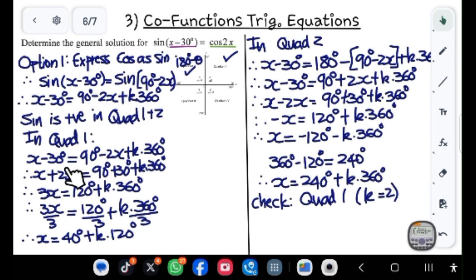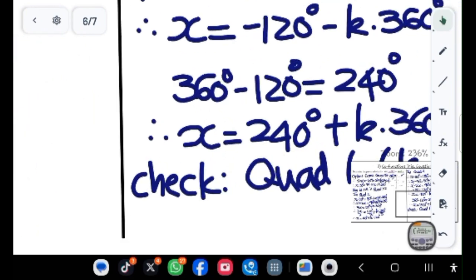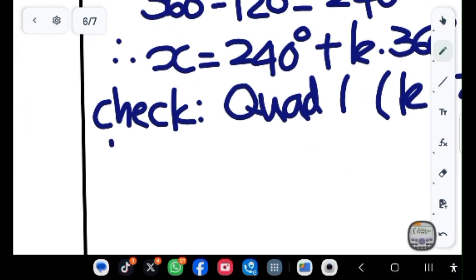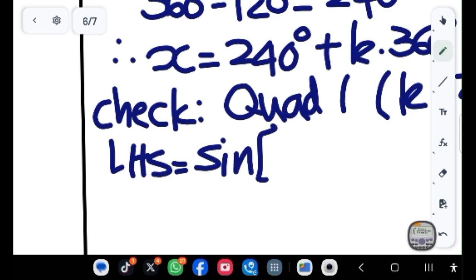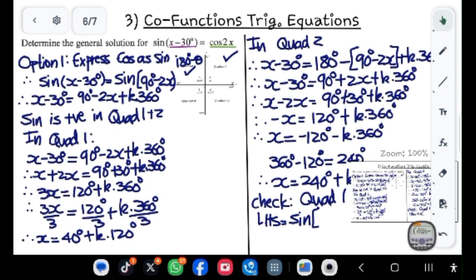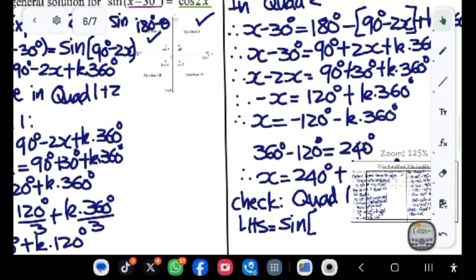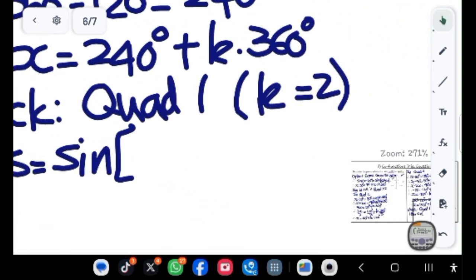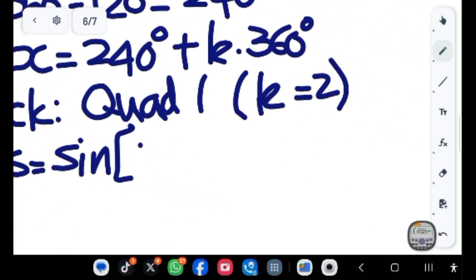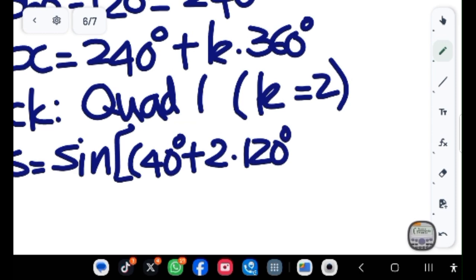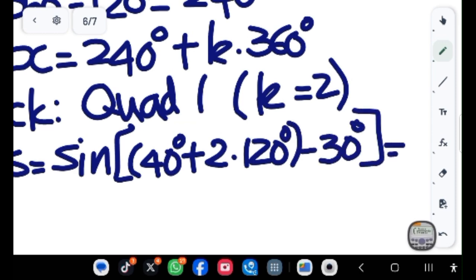The left hand side will be equal to sine of x minus 30 degrees, where x is 40 degrees plus 2 times 120 degrees, minus 30 degrees.